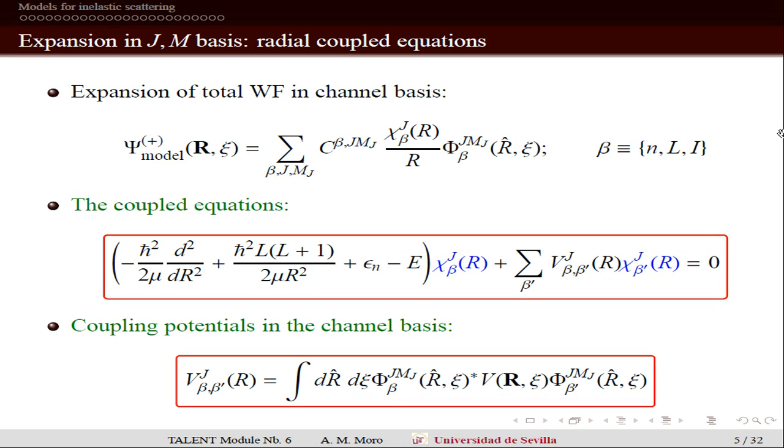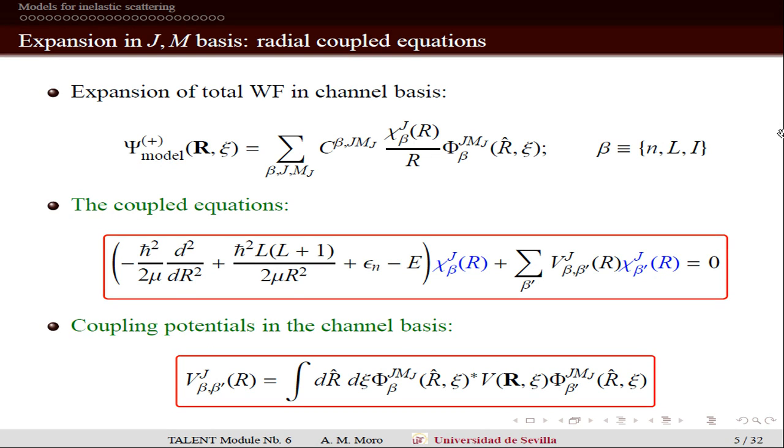We have the total angular momentum and its projection, and we have a beta that we call a channel. So beta is, in general, a set of quantum numbers. The set of quantum numbers will depend on our model and on our coupling scheme, and on whether we are including only projectile excitation or target excitation.